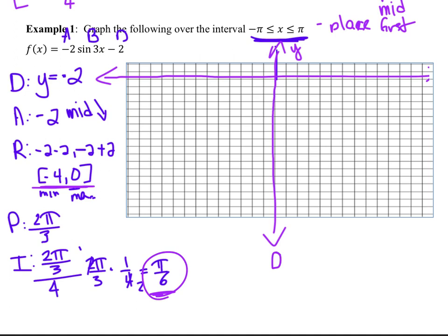You're going to go to the midline, the max, the min, whatever. So we have to count by pi over 6s until I get to the interval that they're talking about. So I start at 0. This is 1 pi over 6, 2 pi over 6s, 3 pi over 6, 4, 5, and 6. 6 pi over 6, that is pi.